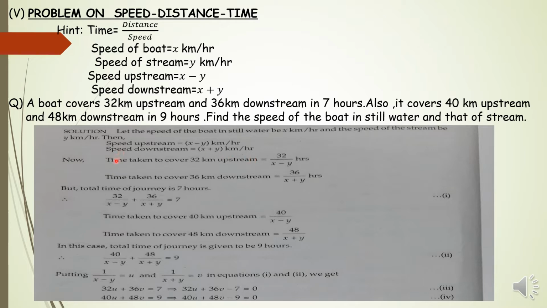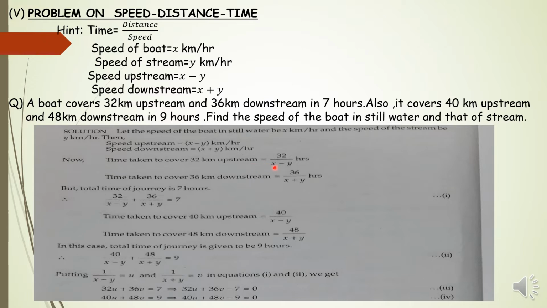Then according to the question, time taken to cover 32 kilometer upstream is equal to, time is already given, it is 7 hours. So, try to use the formula for time. Time taken to cover 32 kilometer upstream is equal to distance by speed.